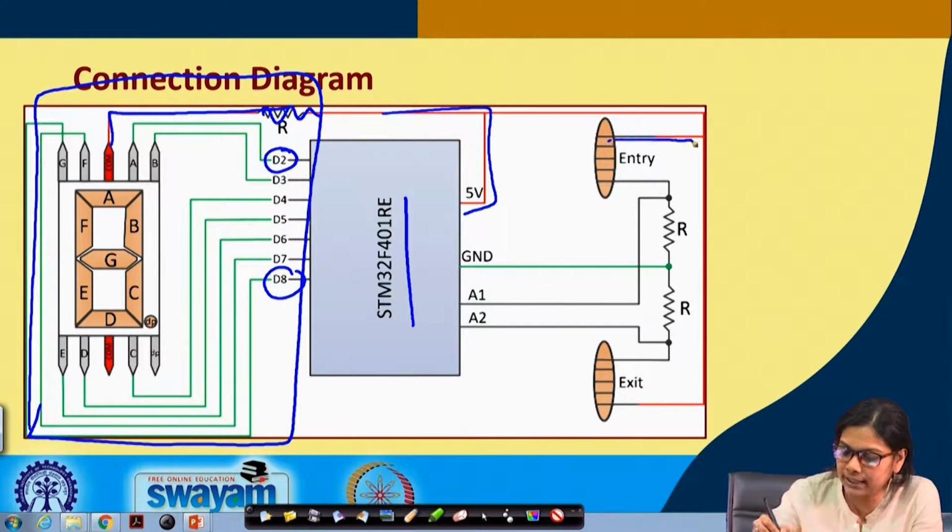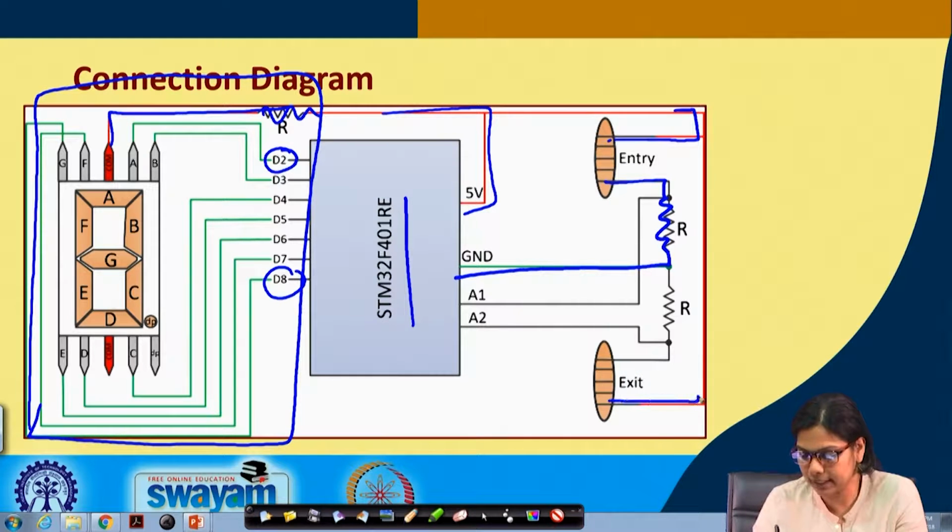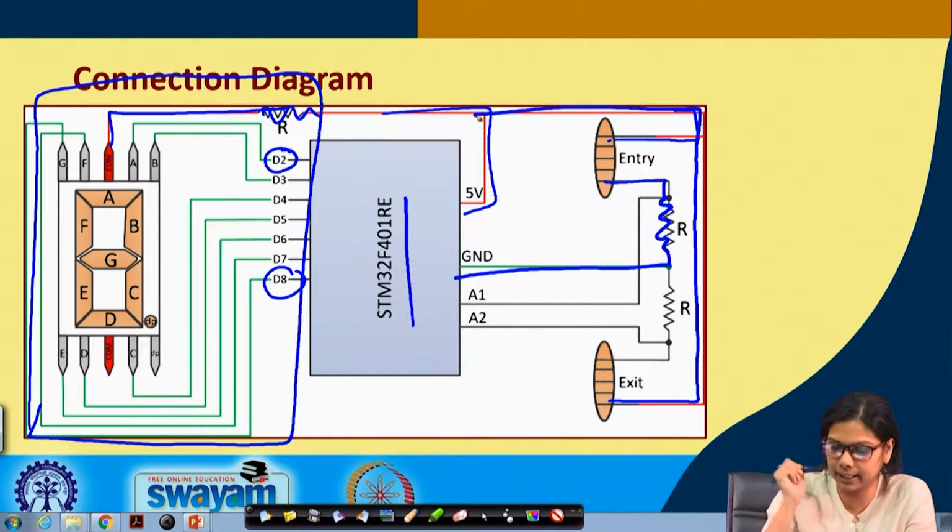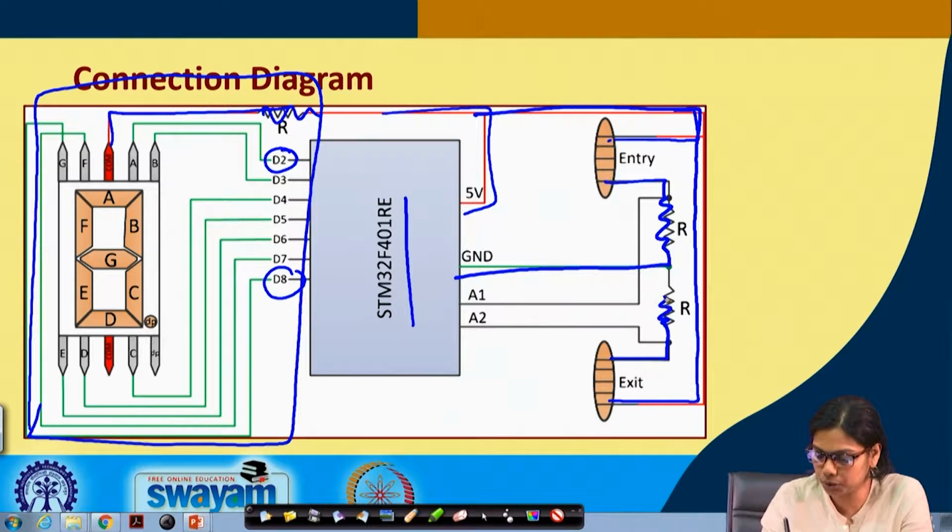One end of the LDR is connected to this 5 volt directly, and another end is connected through a resistance to ground. Please make sure you understand this particular connection very nicely.